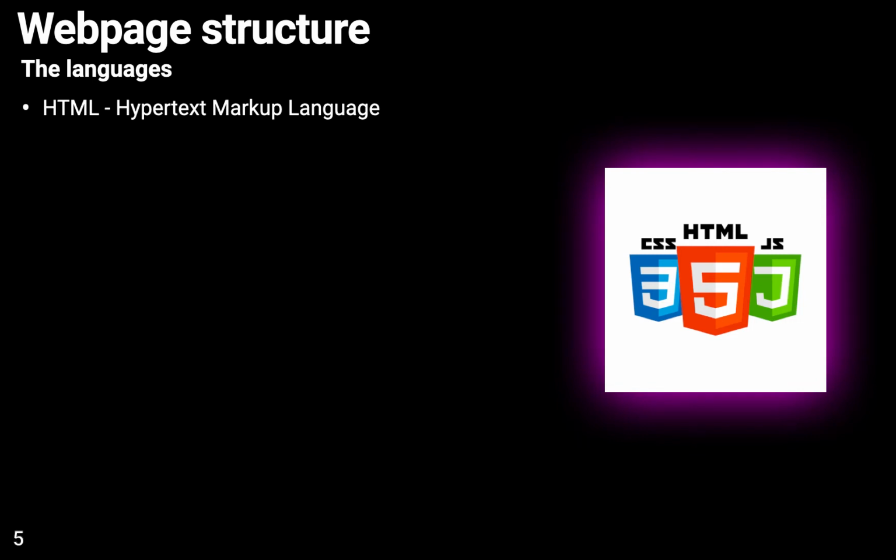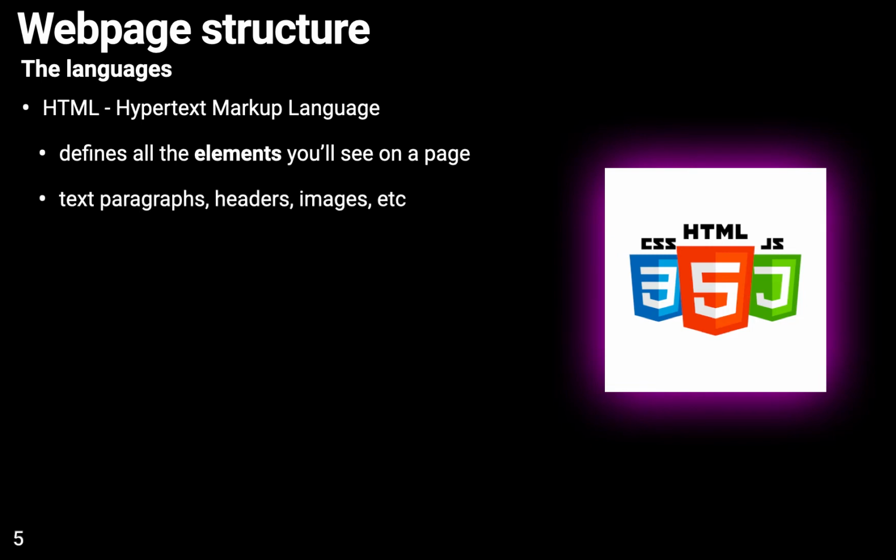So HTML is the hypertext markup language, and that is the basic elements that you see on the page and their structure, how they are nested, how they're connected to each other, where the headers and images and all the different kinds of things that you might see on a page are. Or the video elements on YouTube, for example. That is a simple HTML5 element at this point.